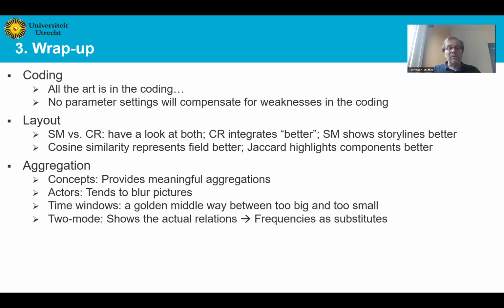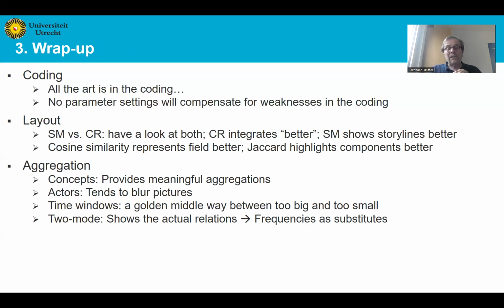For the aggregation, we saw that concepts provide meaningful aggregations, at least in my case here, while actors tended to blur the pictures. As for the time windows, of course, there's a golden middle way between too big and too small. And of course, it's always important to have additional arguments why a certain periodization has been chosen, which is perhaps not in the coded text, but from your other knowledge of the phenomenon.